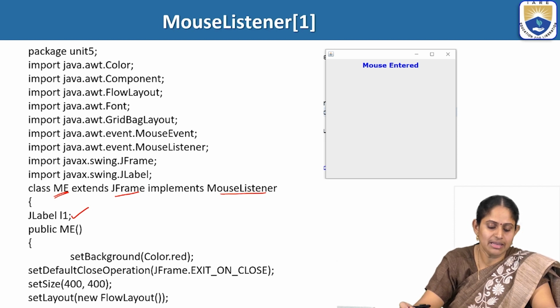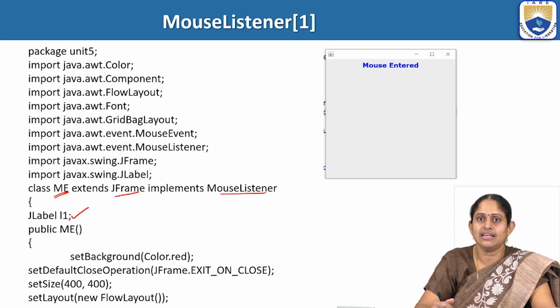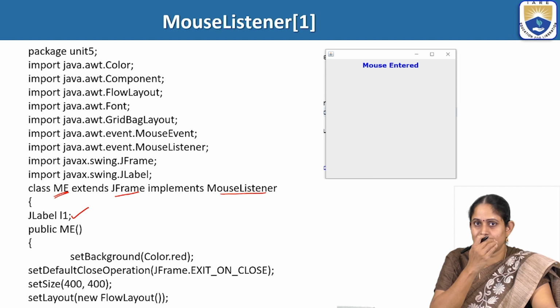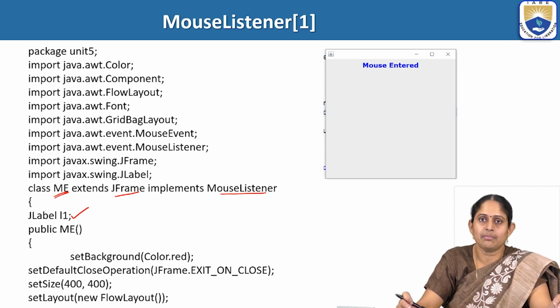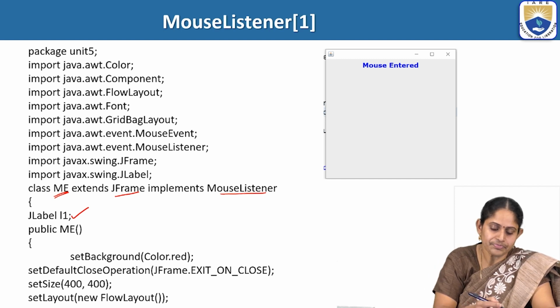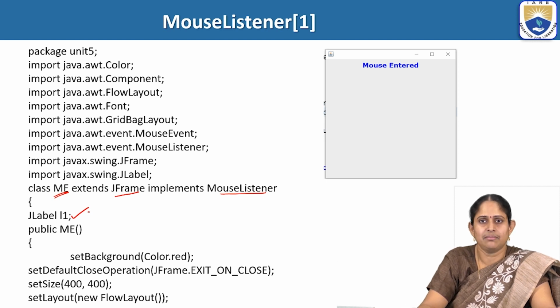This JFrame and JLabel are components of the Swing classes, which are a much better implementation of the AWT classes. So they almost work the same as the label or the frame classes of the AWT.